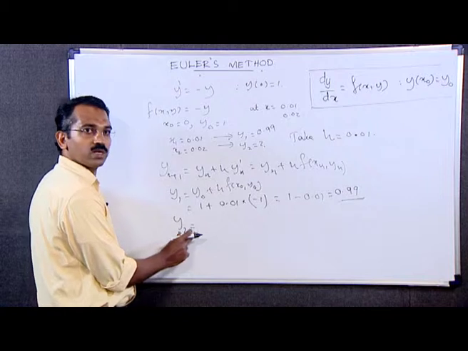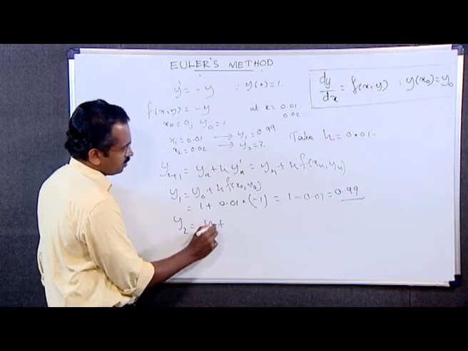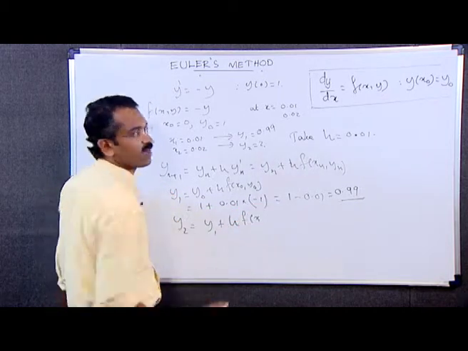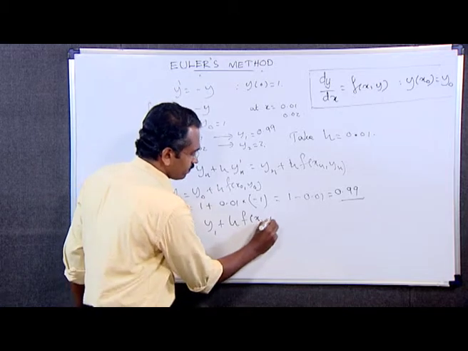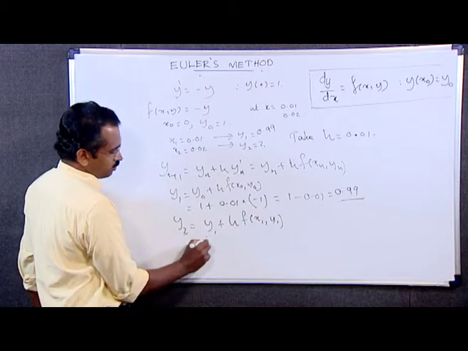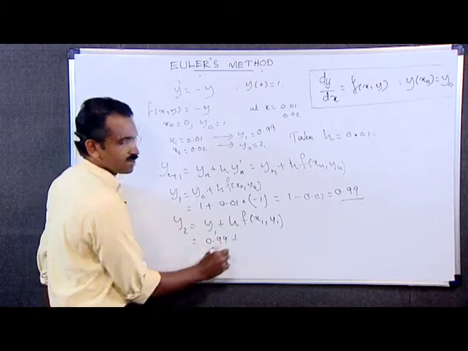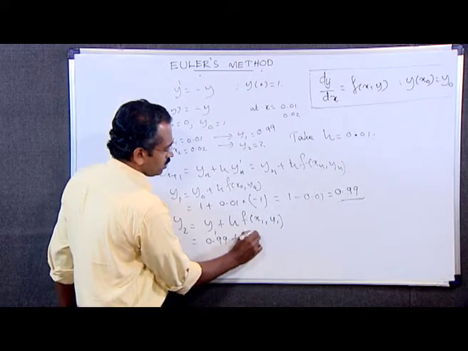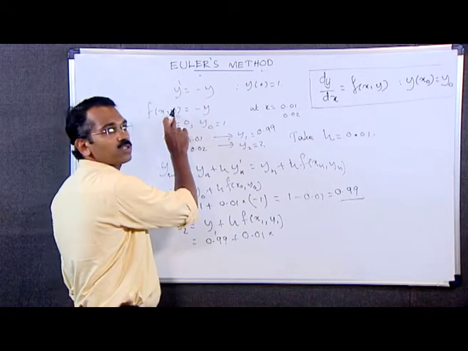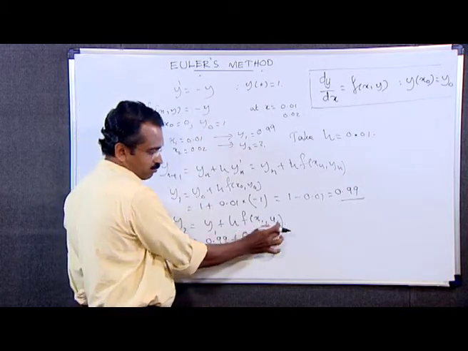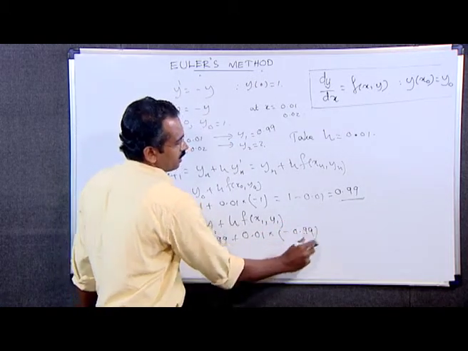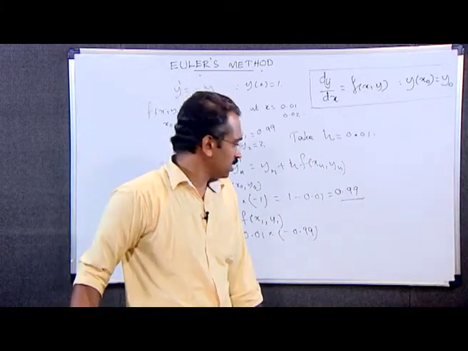Now, y2 is equal to y1 plus h into f of x1, y1, that is equal to y1 is 0.99 plus h is 0.01 into f of x1, y1, which means minus y1, because f of x, y is minus y. That is minus 0.99, because y1 is 0.99.